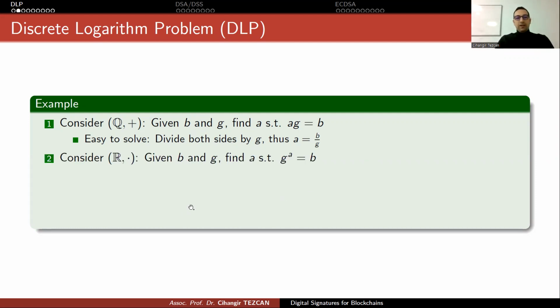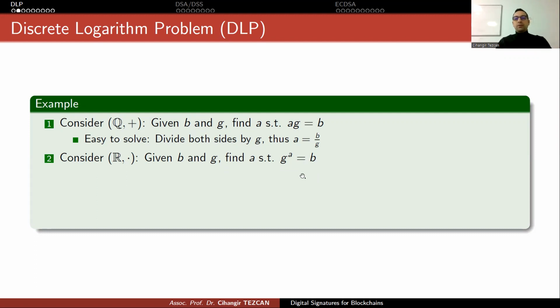Let's make it a little bit harder. Now let's focus on the multiplicative operation as the group operation, and the real numbers as the group elements. So now you are given B and g. Your aim is to find A such that g to the A equals B. Okay, so that is what I mentioned in the previous slide.